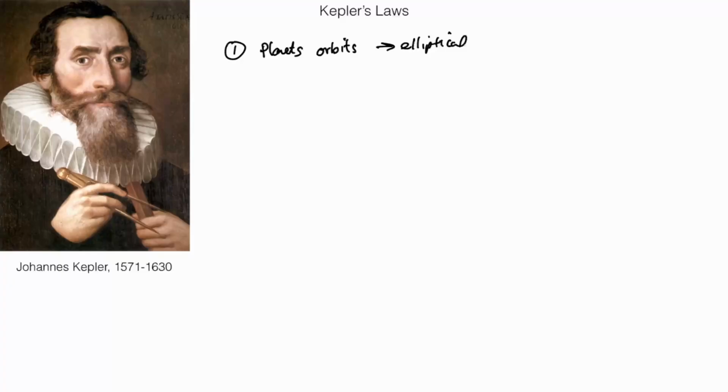Prior to Kepler, there was an understanding that planetary orbits were circular because circles were perfect and God's creation could only be perfect, and so on and so forth. Everybody just assumed that the orbits were circular.